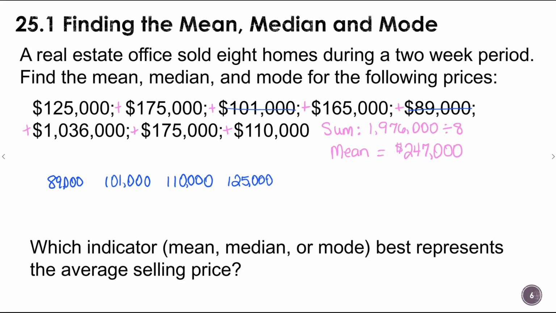125,000. Let's see, and then we have 165,000. And then we have 175,000 2 times.